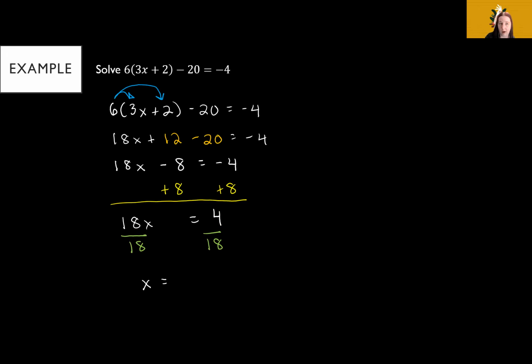So this means we're going to write our answer as a fraction. And so we need to reduce that. So I can't divide them both by 4. 4 doesn't go into 18, but I can reduce them both by 2. So 4 divided by 2 is 2. 18 divided by 2 is 9. So x is equal to 2 ninths.